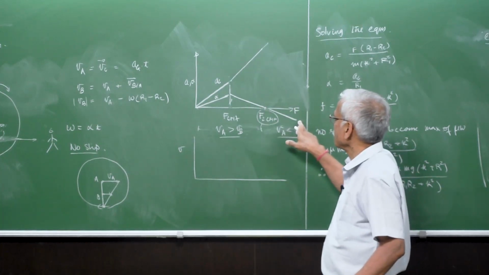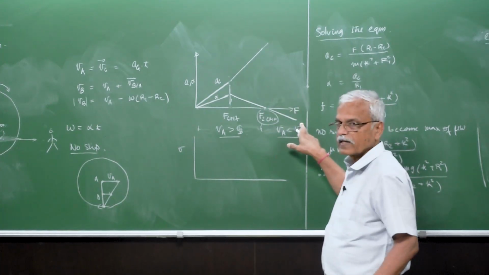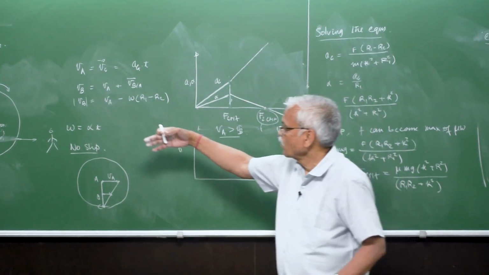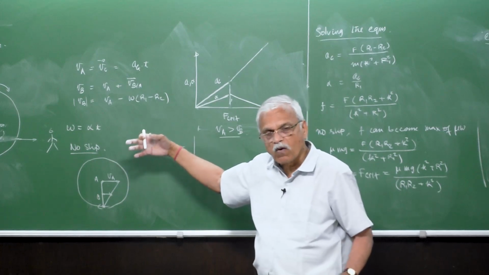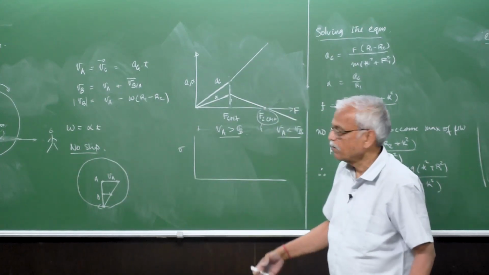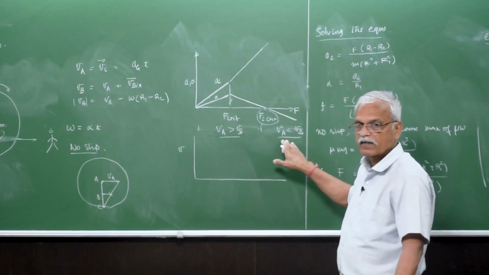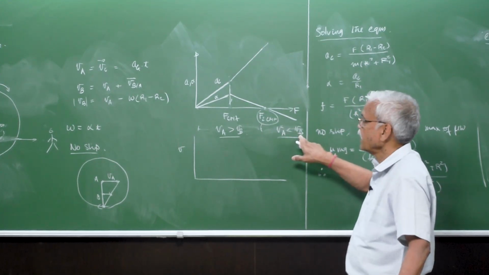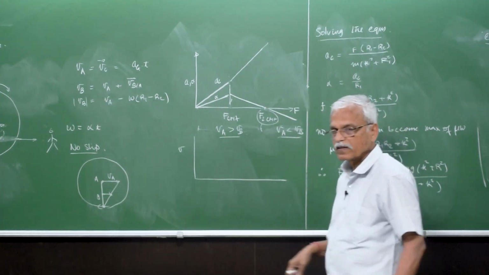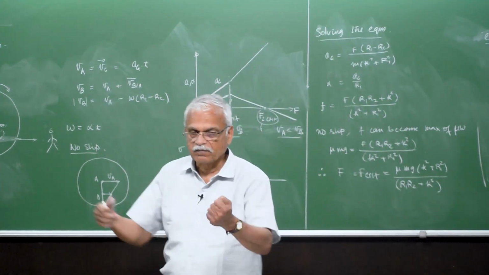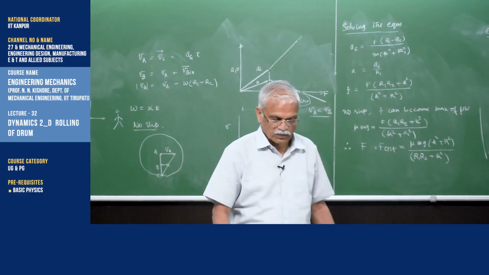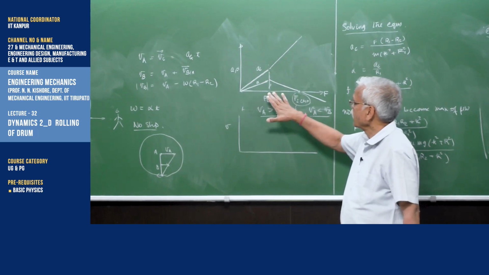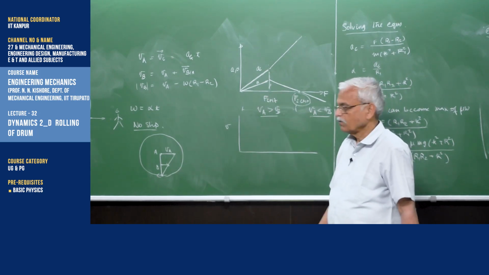So in this portion, beyond this second critical value, the rope will be pulled out more than the drum moving with certain velocity. So the drum is moving with a little less velocity than point B, and so the cable is pulled out more. Okay, I hope you can find the difference, and I hope this graphical picture gives you an idea.